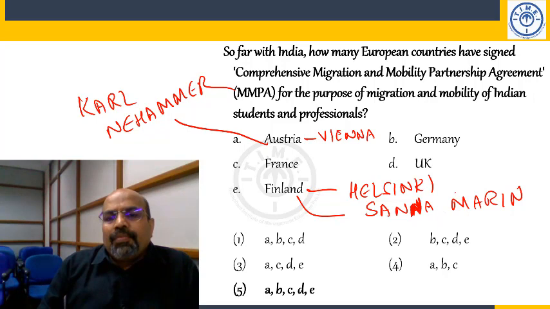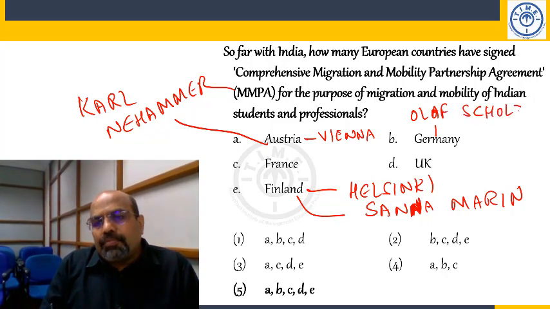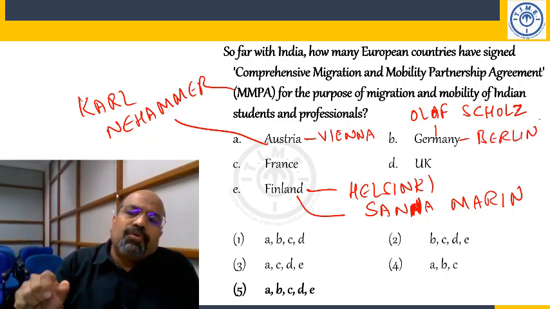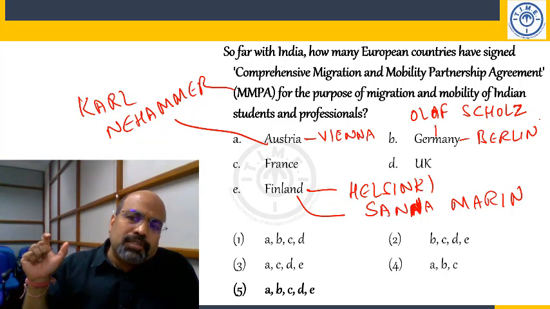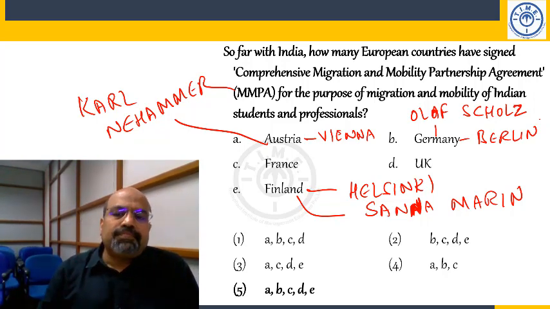Germany's Chancellor is Olaf Scholz, and the capital is Berlin. The rest you would know anyway. Austria and Germany have chancellors.